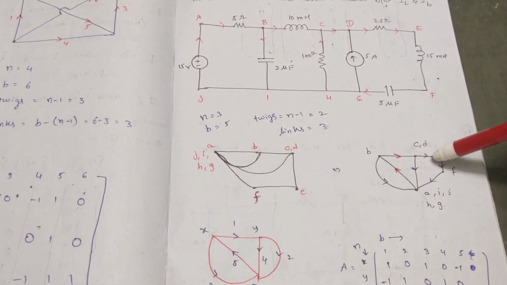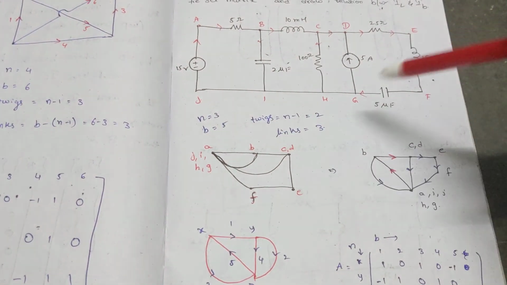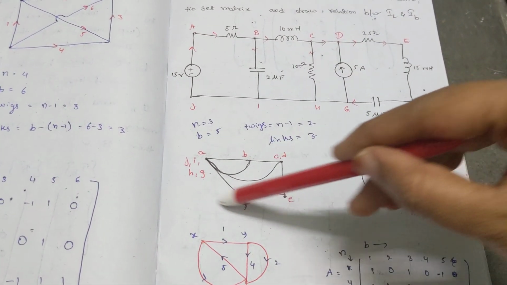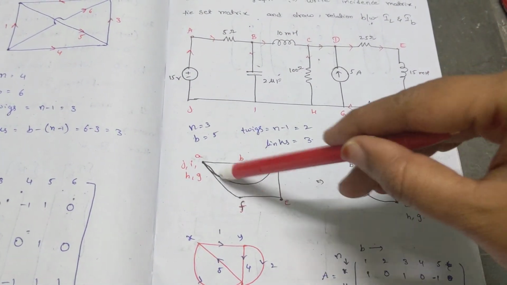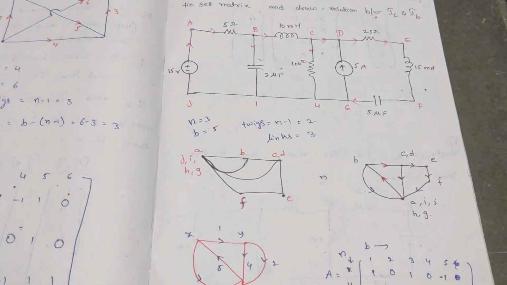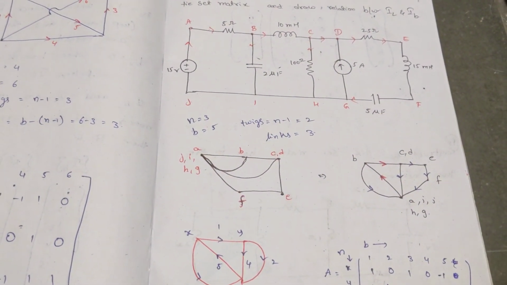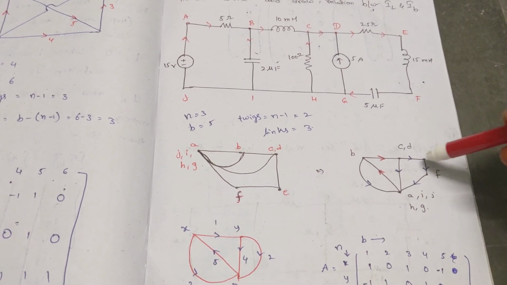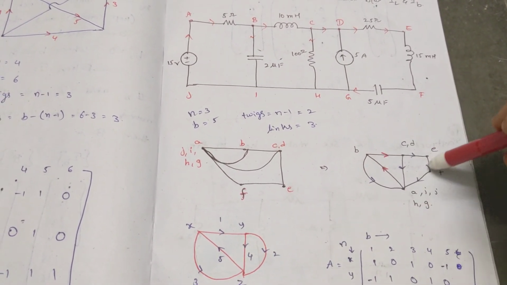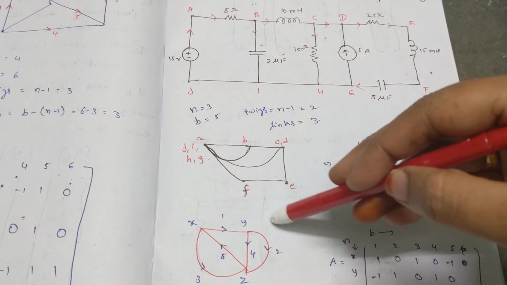Okay, if you observe here, whatever the D node to G node, it is forming a single line, that means there is no separate branches. Okay, there is no deviation of the current, so I can assume this entire loop as single loop.